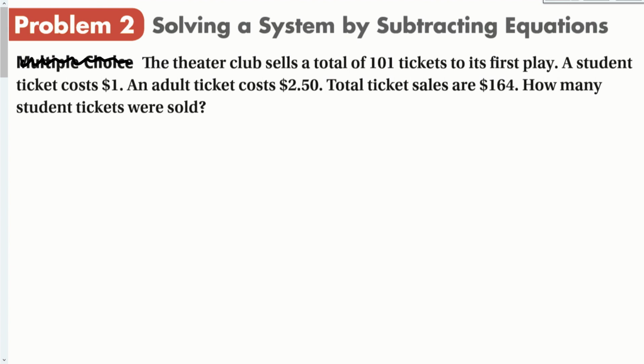So we have that x plus y, student tickets plus adult tickets, is 101, and that 2.5 times x plus student tickets $1 plus y is going to be equal to 164.